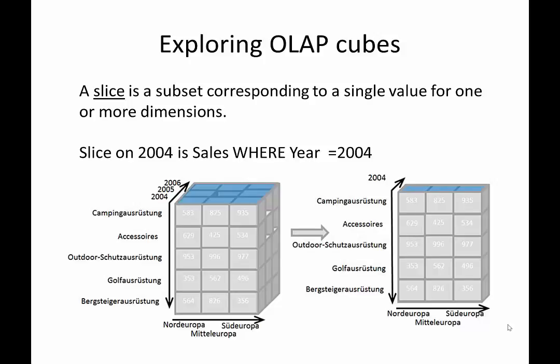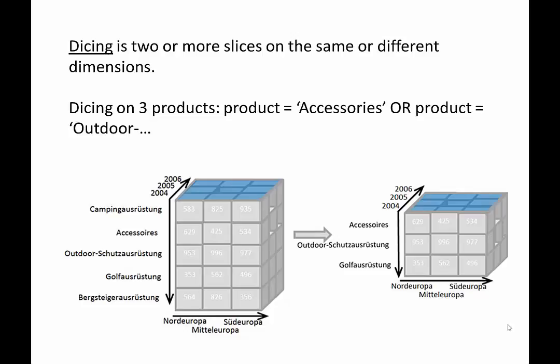This is a simple cuboid without any hierarchy shown. So slicing, we just take 1 value, and it's the equivalent of doing a sort of SQL query where sales, where year equals 2004. So that extracts this set of data, which can be displayed in some form to the user.